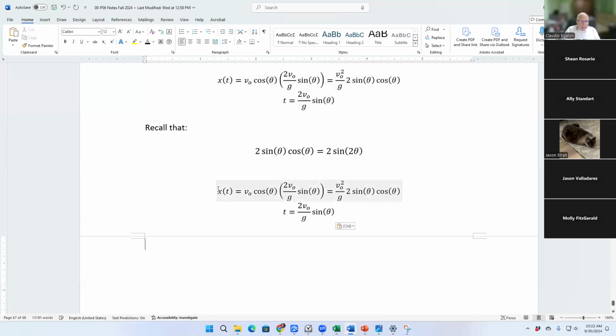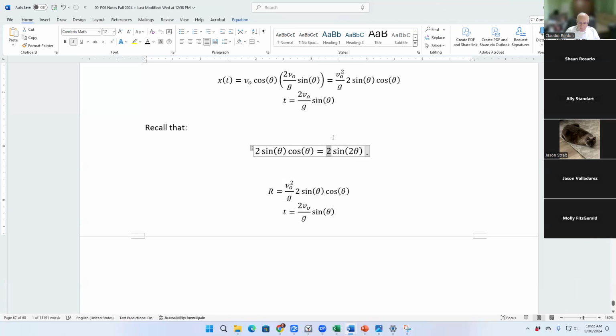Now I can write that down, that my range R is equal to, oh, it's not 2, sorry, it's just sine of 2 theta. Okay? So this guy here becomes sine of 2 theta.